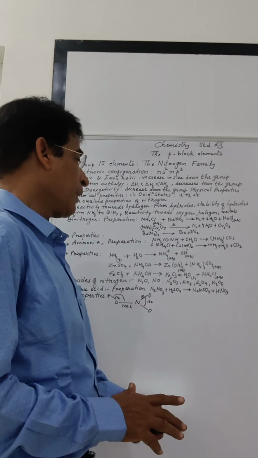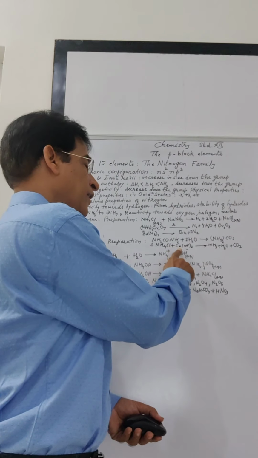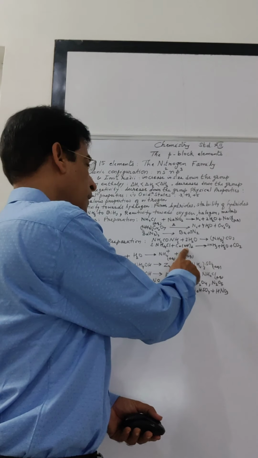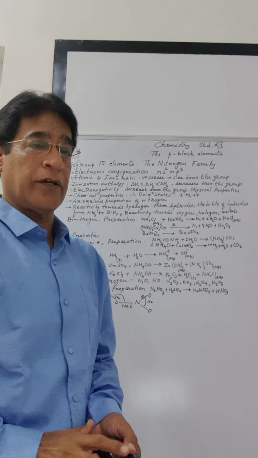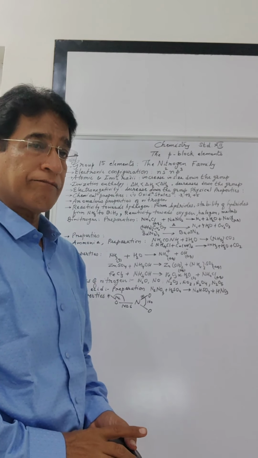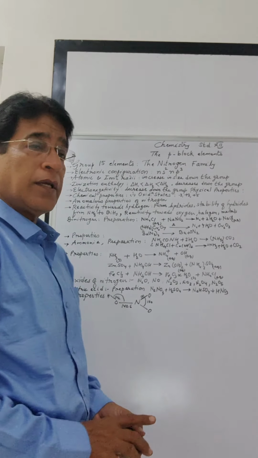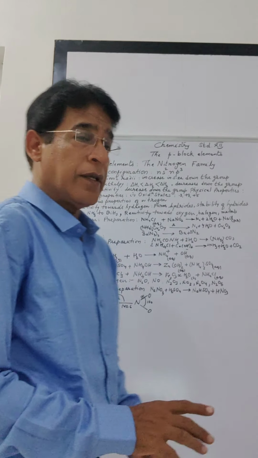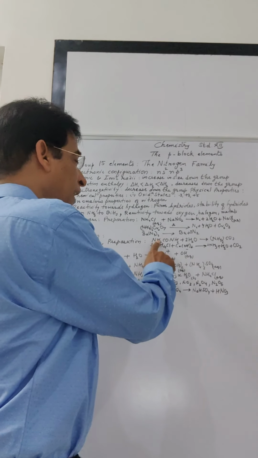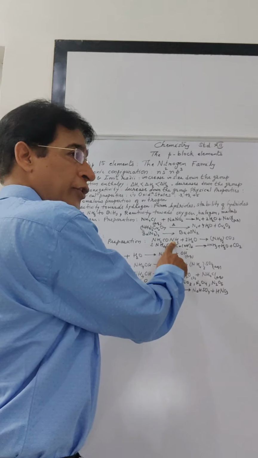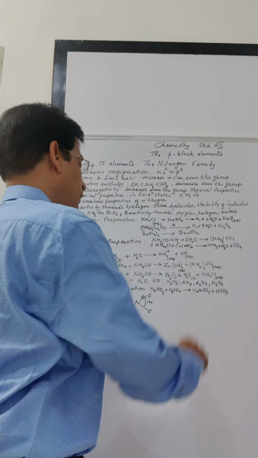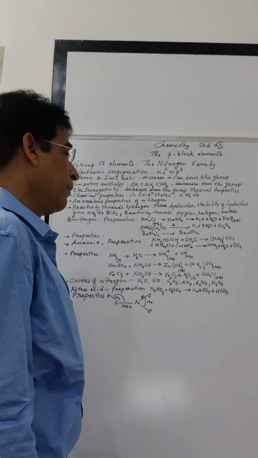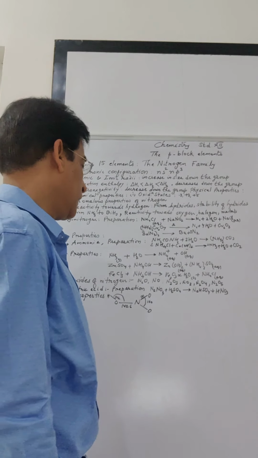NH4Cl plus calcium hydroxide gives ammonia, water and calcium chloride. And with the reaction of NH2CONH2, urea, with water, ammonium carbonate is obtained.